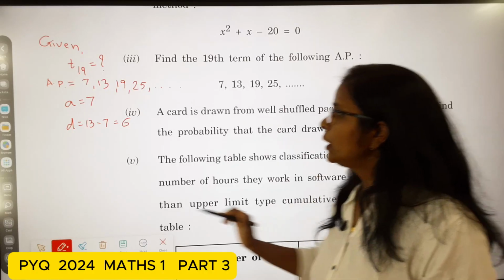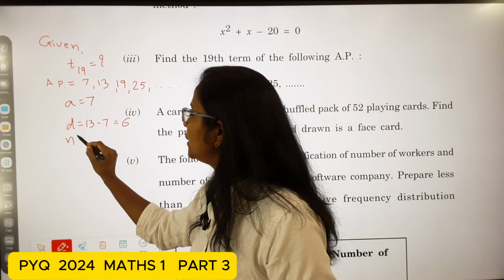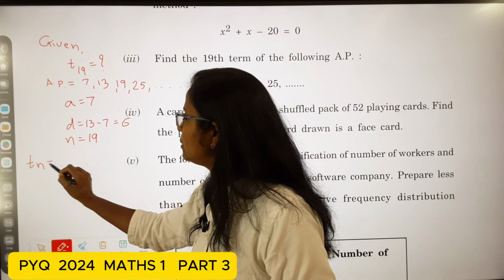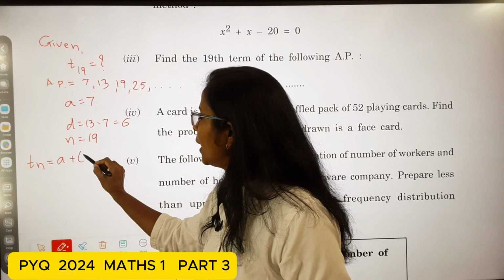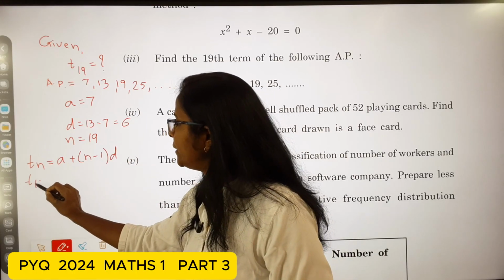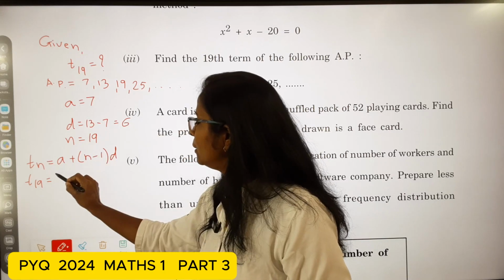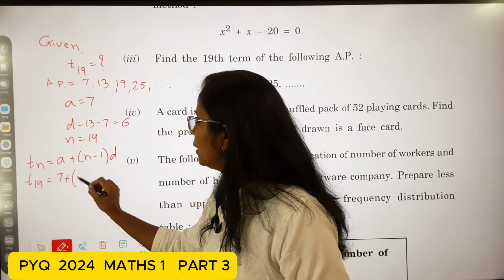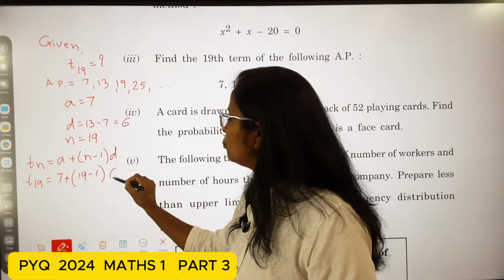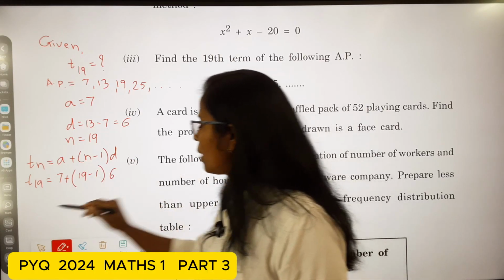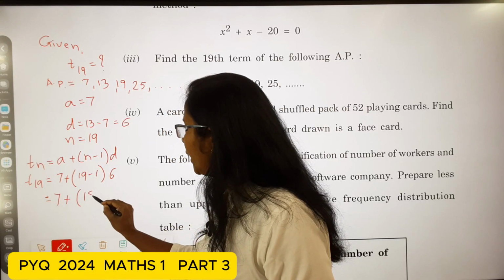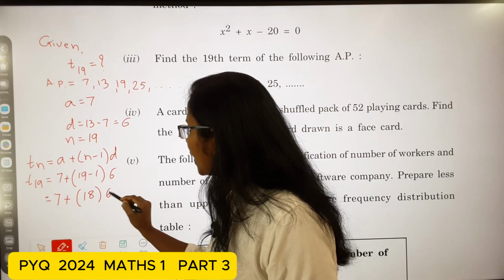Now here for T19, the n will be 19. So the formula becomes Tn is equal to A plus n minus 1 D. So now T19 is equal to A, that means 7 plus 19 minus 1, and D is equal to 6, students. So now 7 plus 18 multiply 6.